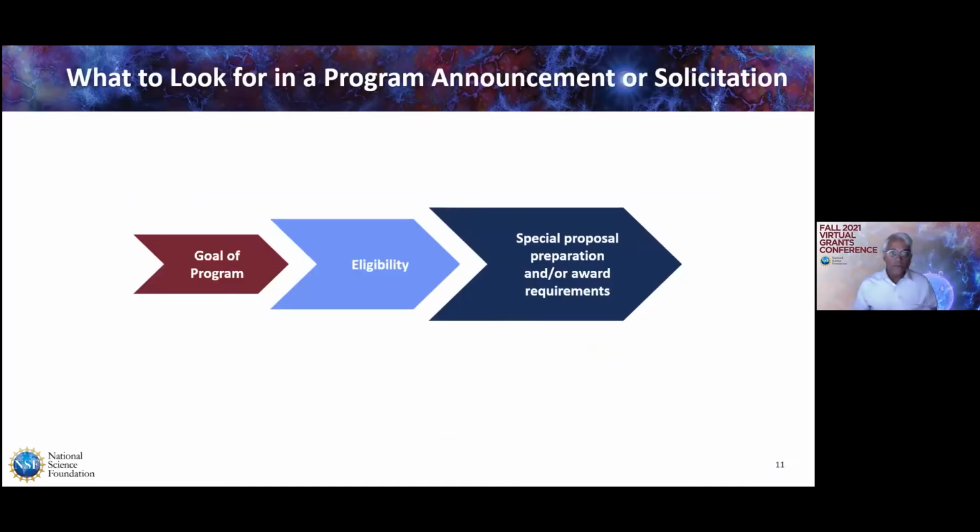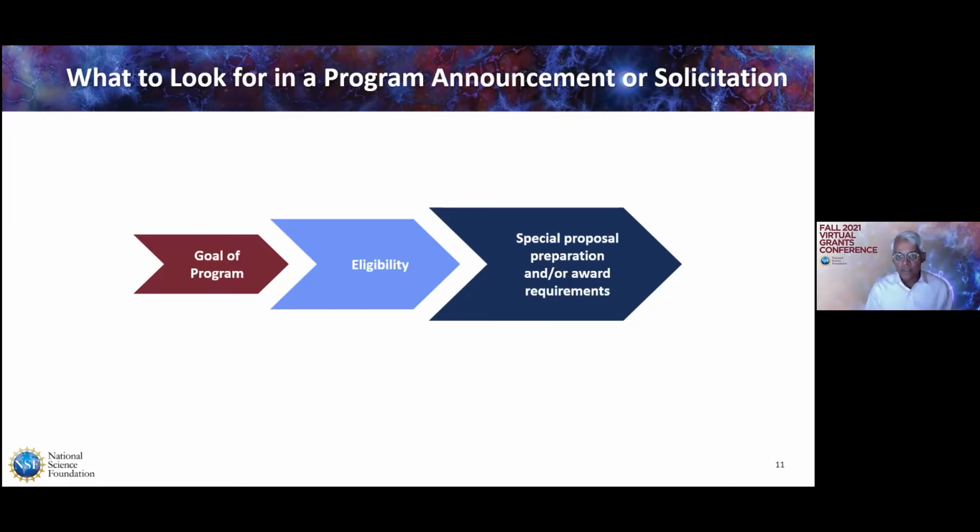So what do you look for in a program solicitation or a program announcement? As a program officer, when a PI, typically a new PI, but sometimes also experienced PIs, comes in and asks a question about, is my idea relevant, or does it fit in scope?